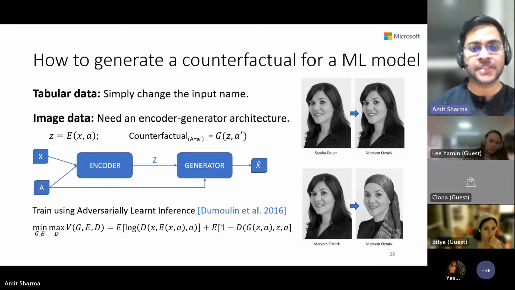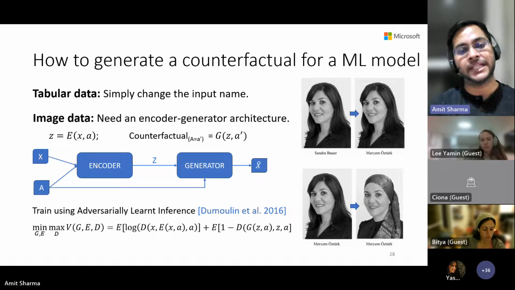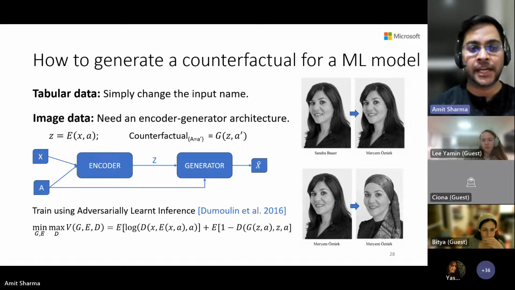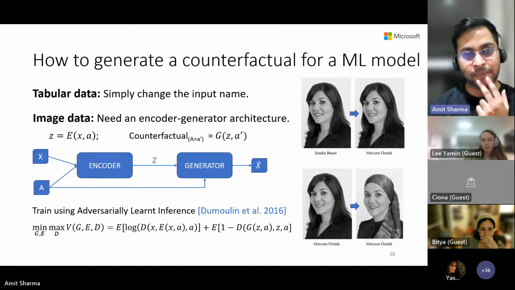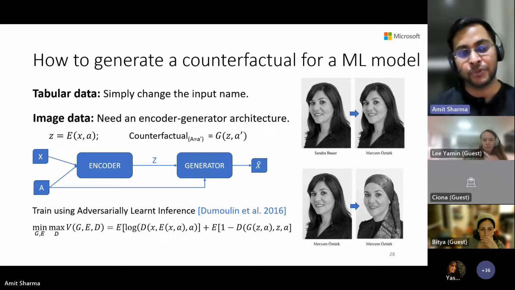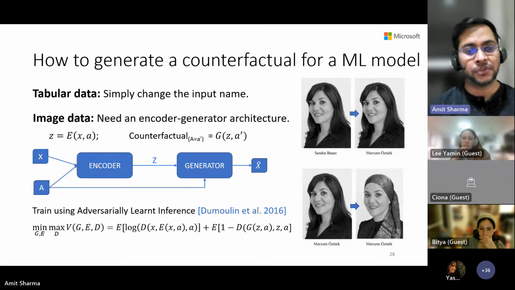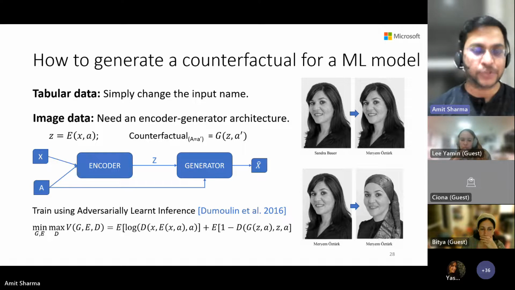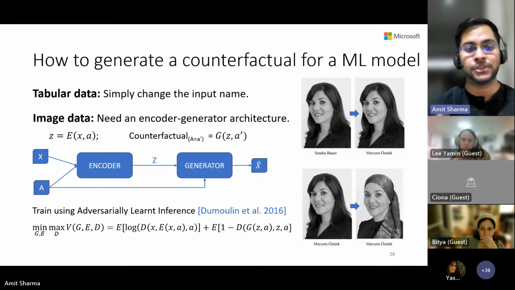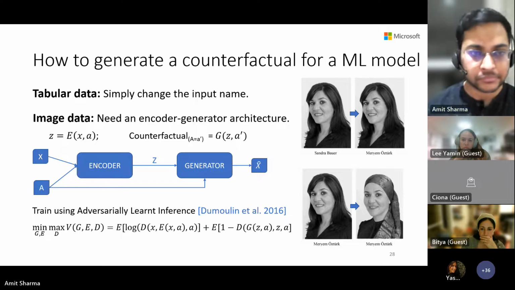When we train this architecture, we train it to generate exactly the same image because that's all we have in our training data. But then at test time, you can start changing these attributes. In our case, for example, hypothetically speaking, if you were training on this data set, we might have an attribute called headscarf. And if we change this attribute at test time, then we can start generating images which would be the same person, but now with a different attribute.